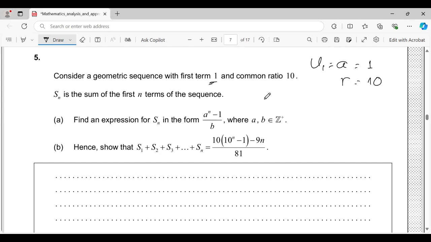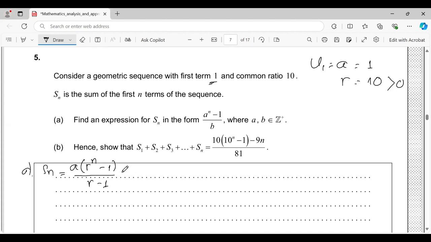So Sn, according to the formula of a geometric sequence, Sn equals a multiplied by r to the power n minus 1 over r minus 1, if the ratio is greater than 0.